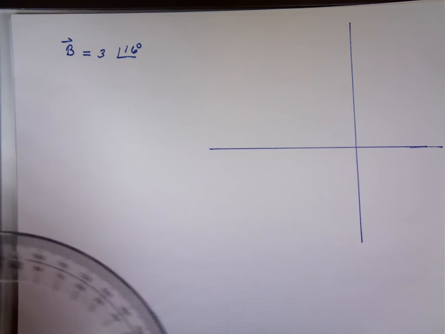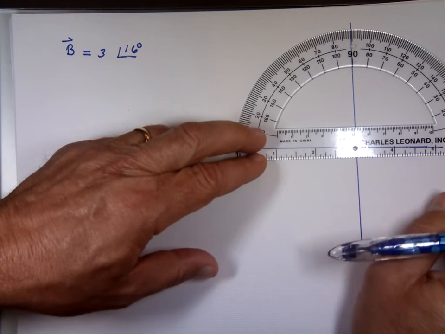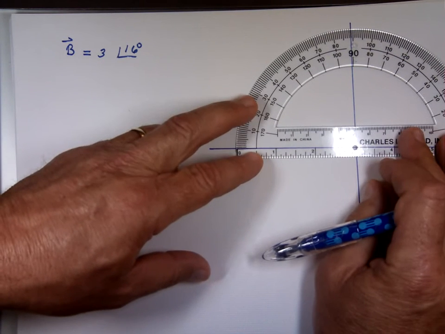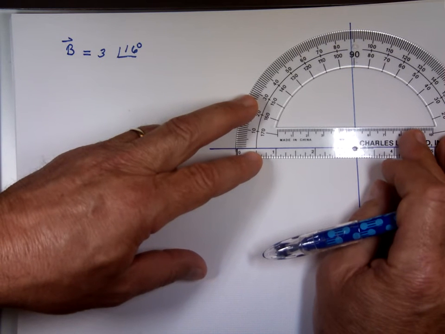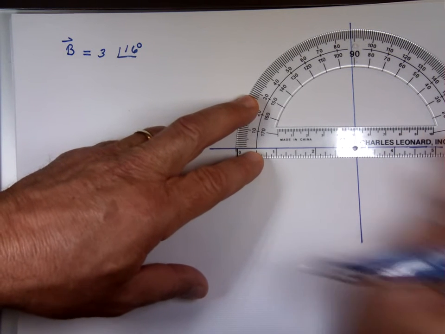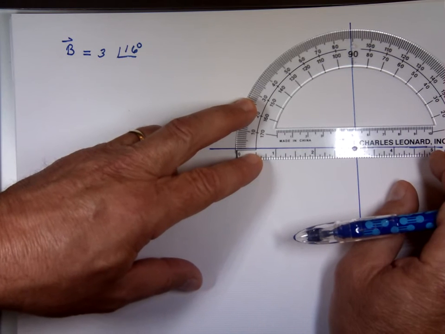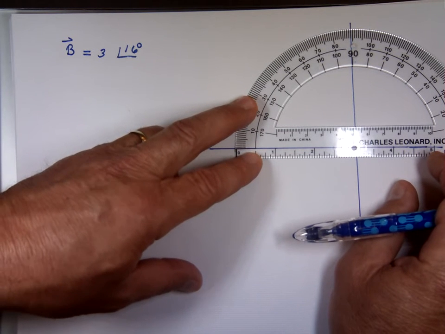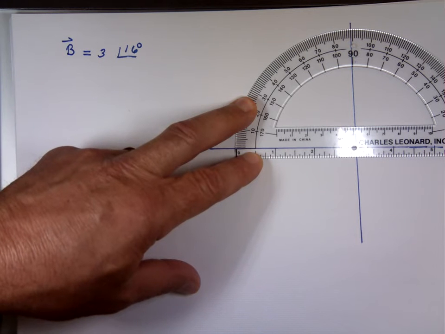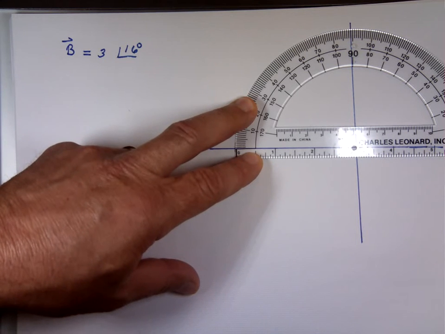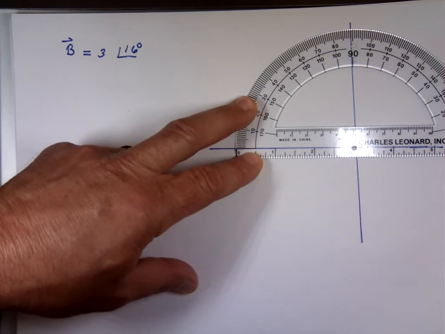Let's find out where the 160 is. Let's line up this paper. Again, I'm off just a little bit, by almost a degree there. And let's find out where our 160 is.